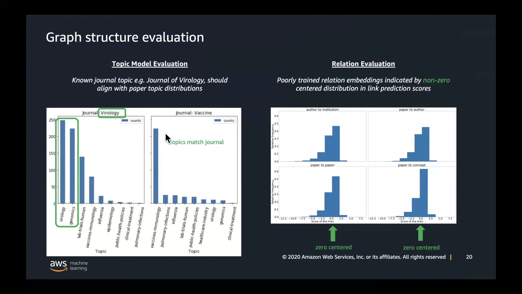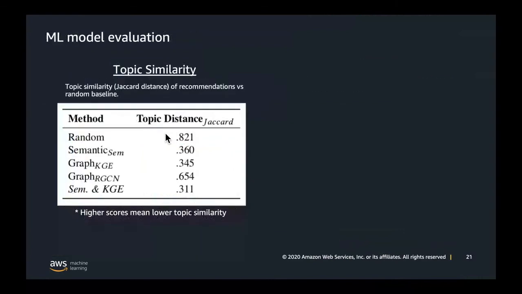So we train a model on part of the graph and then evaluate it on the other portion, and we see that those scores are centered on 0, as we were expecting, because if they were not, it would mean that some of those connections are just not meaningful enough for the model to make sense of them.